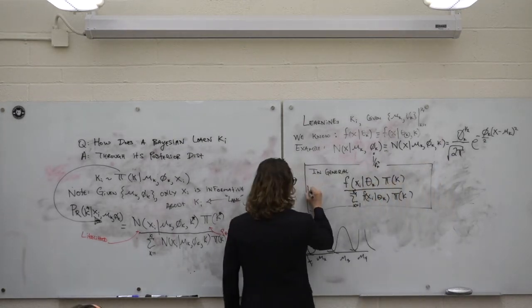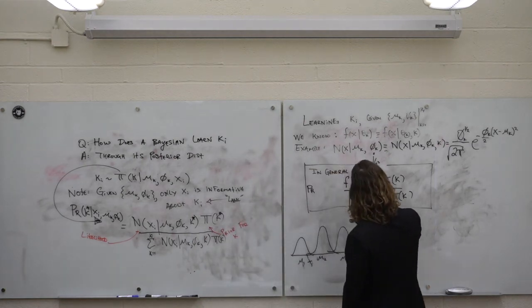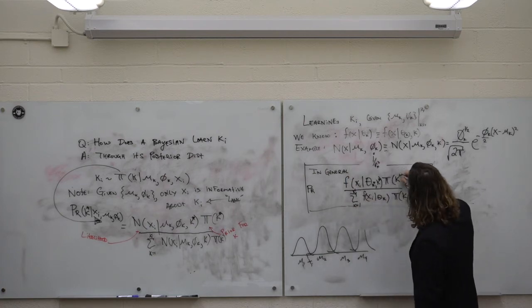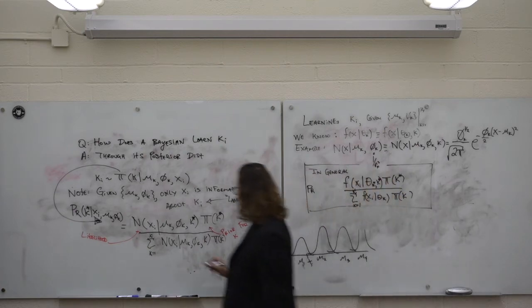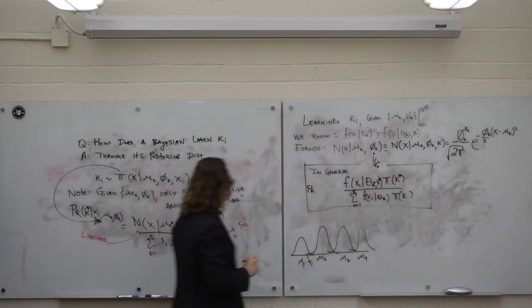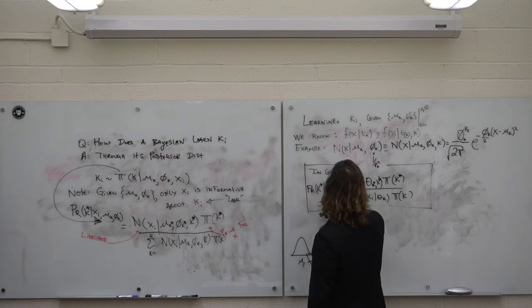I'll write this out more specifically in a second. But in general, this is going to be the probability. I'll put a star here. Oh, and I should write down this notation using my more generalized notation. So this would be a star, this would be a star, this would be a star. And these would be stars as well for that specific k. So this would be the probability of k star given xi, theta k.